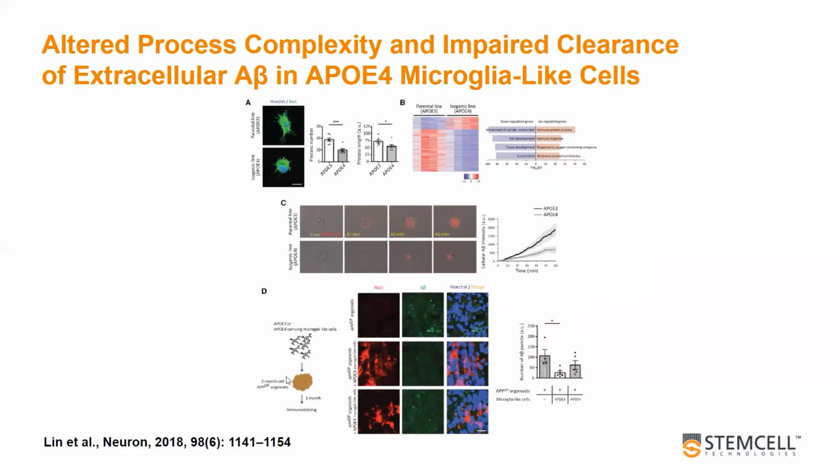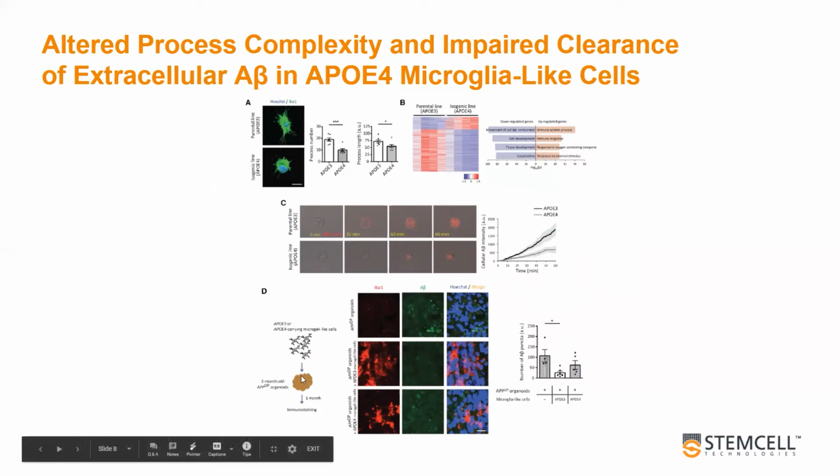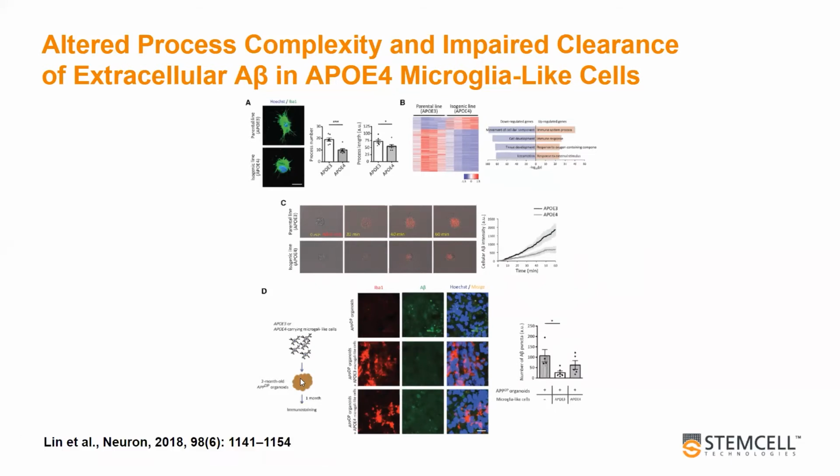Then the authors took one step further by using a co-culture system of microglia-like cells with mutant cerebral organoids that display A-beta aggregates. As we can see from figure D, A-beta accumulation in organoids containing ApoE3 microglia-like cells was significantly less than the single culture group.